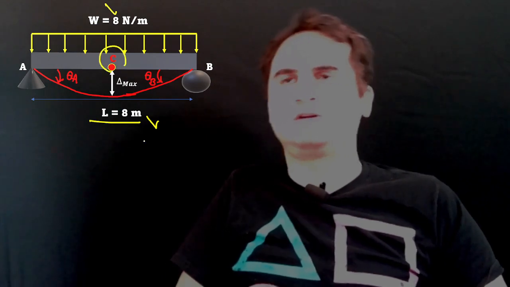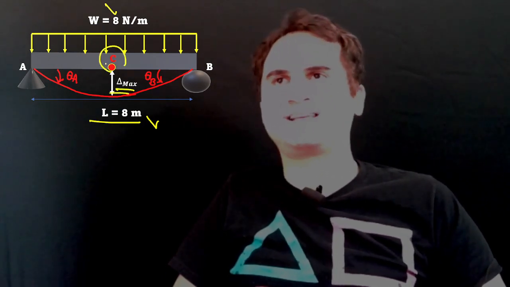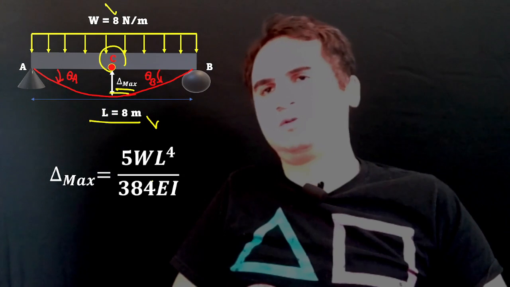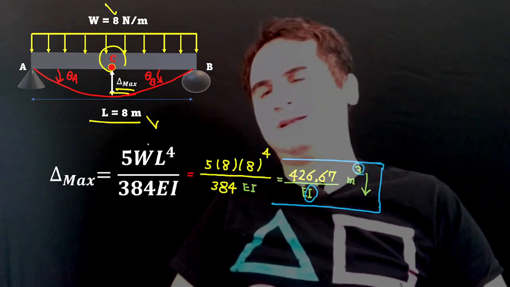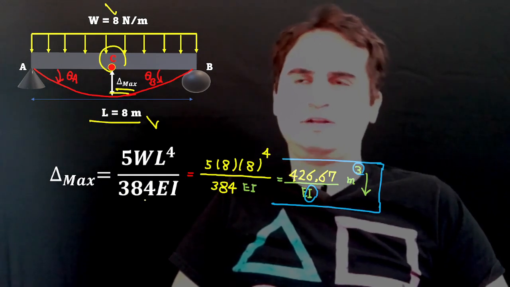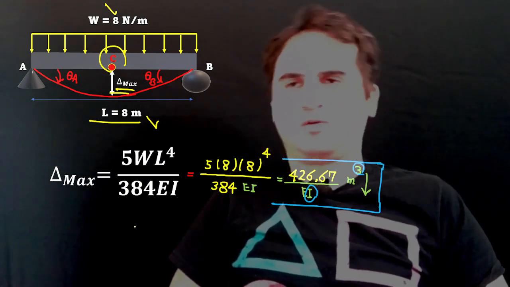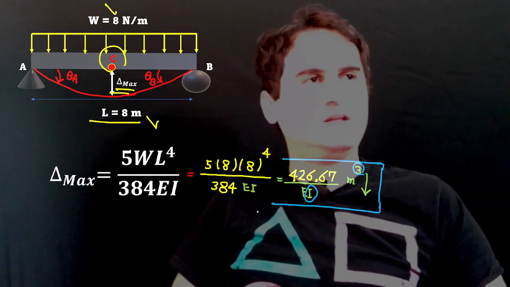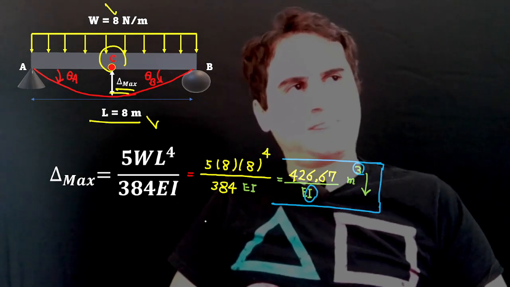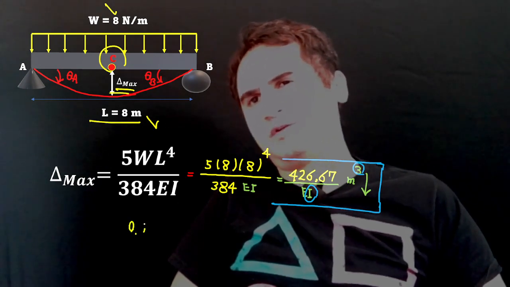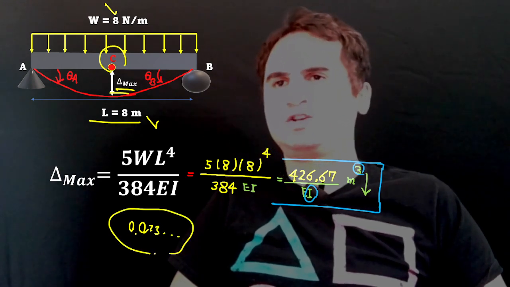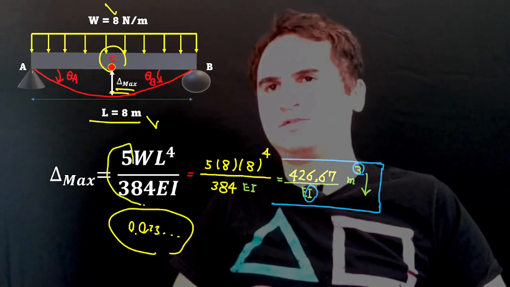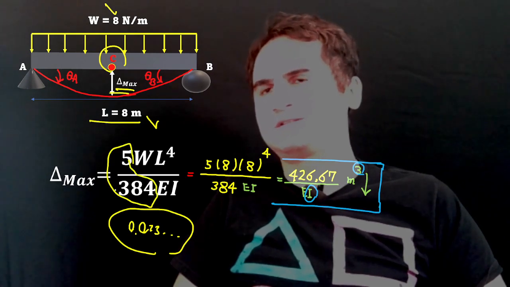We are interested in calculating delta max at C. If you do so by just replacing in this equation, 5 WL to the fourth over 384 EI, you get the exact number, which is the result of this division.